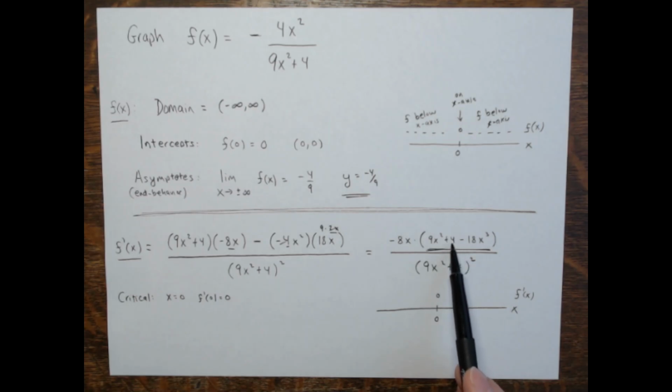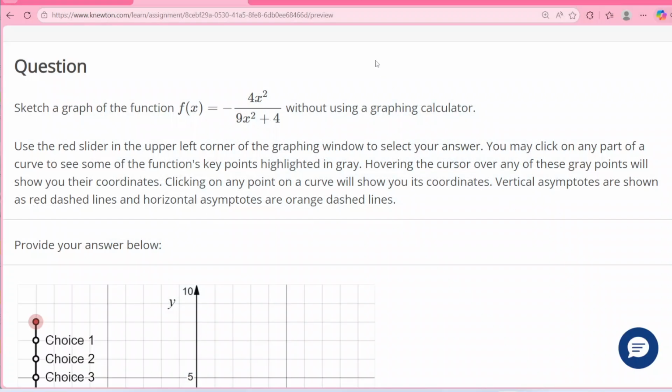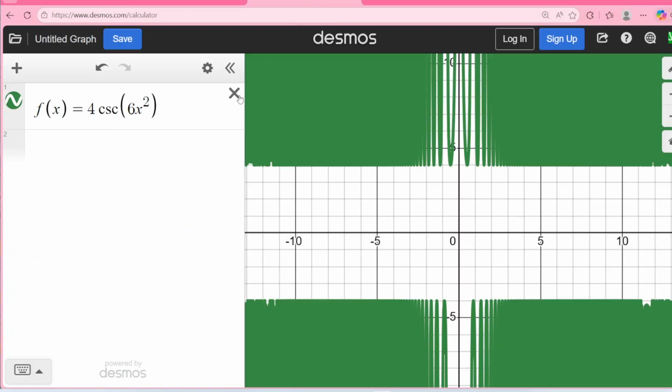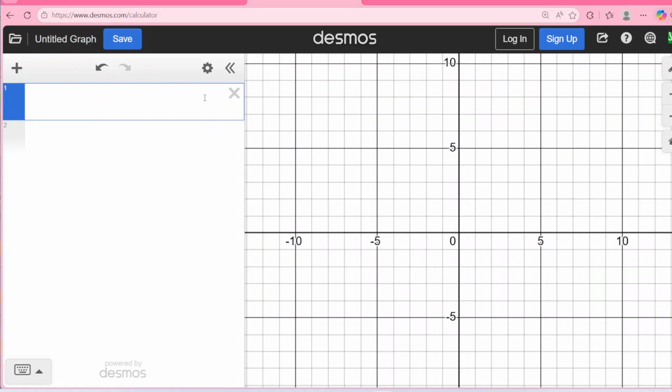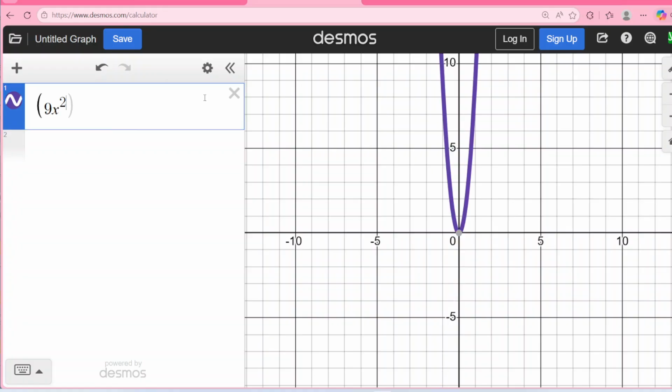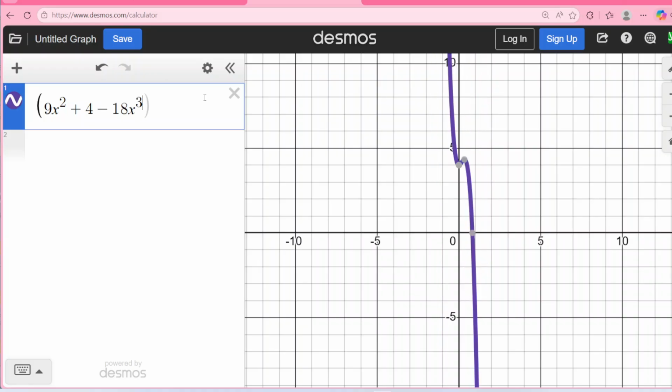Now the constant's 4 and the coefficient's negative 18. So I'm just going to take a look at where that expression is 0 in Desmos. I know this is kind of cheating a little bit. Let's take a look at just that cubic. So I have 9x squared plus 4, minus 18x cubed.